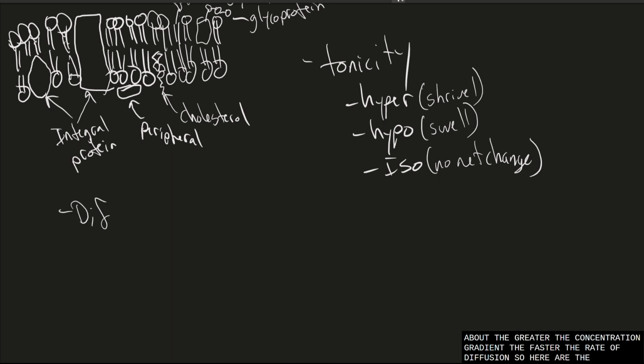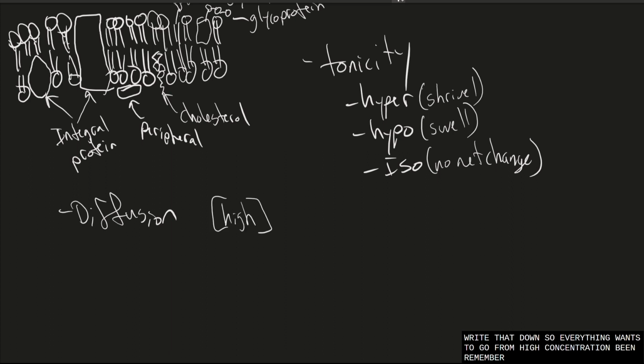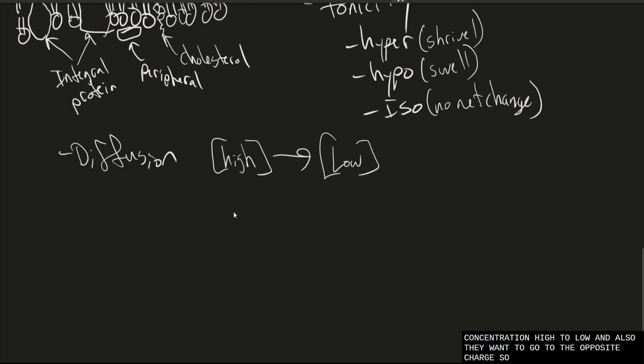So here, diffusion, I'll write that down. So everything wants to go from high concentration. Remember, brackets mean concentration, high to low. And also, they want to go to their opposite charge. So then you can go from positive charge to negative charge.